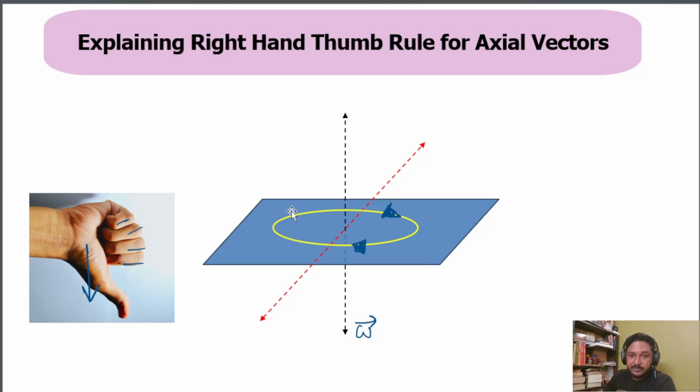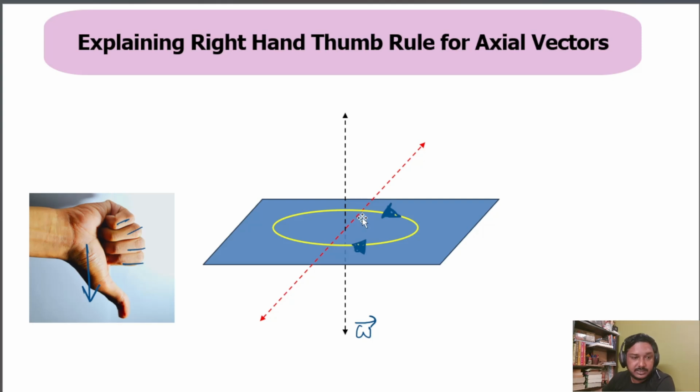So if a particle rotates clockwise as seen from the top, the direction of the angular velocity will be downwards, and if the particle rotates in the anti-clockwise direction, if seen from the top, the angular velocity will be pointed upwards. So the sense of rotation is very important to determine the direction of the axial vectors.